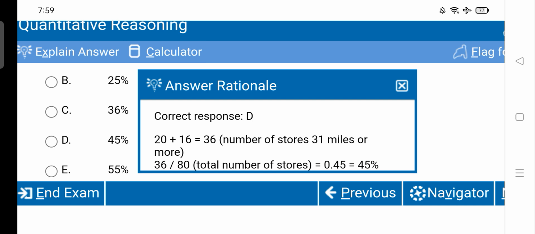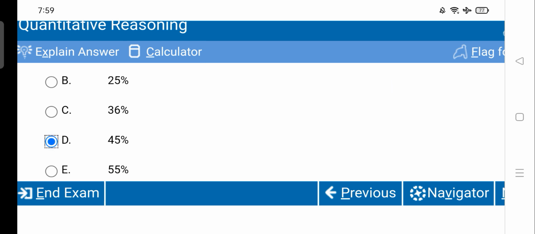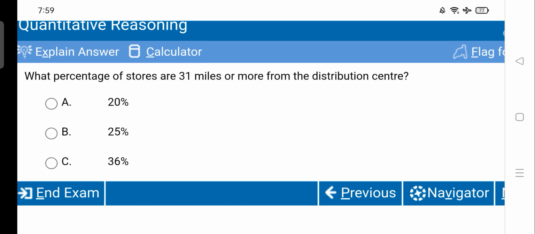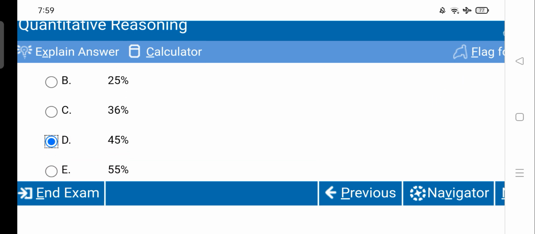So 36 divided by 80, that is the total number of stores, equals 0.45 equals 45%. This is the correct option we have, that is option D. That 45% is the percentage of stores that are 31 miles or more from the distribution center.